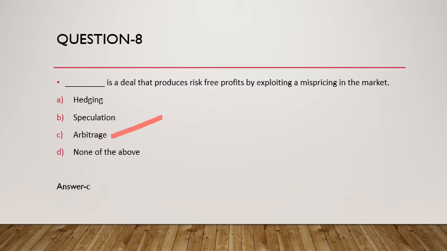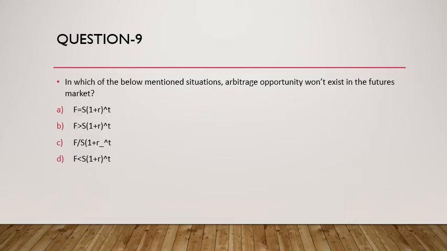This takes me to the next question, which is the 9th question, and I'm sure you are enjoying all the questions that we have discussed till now. The 9th question is, in which of the following situations will an arbitrage opportunity not exist in the futures market?